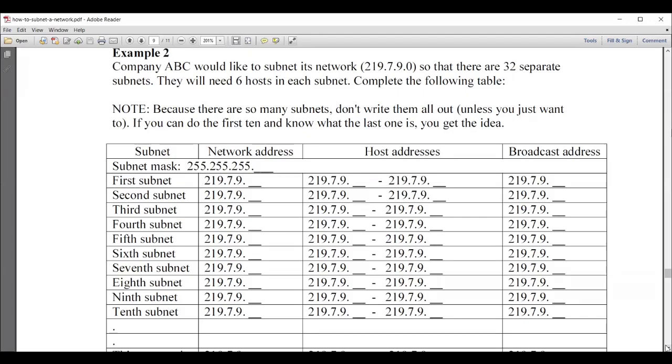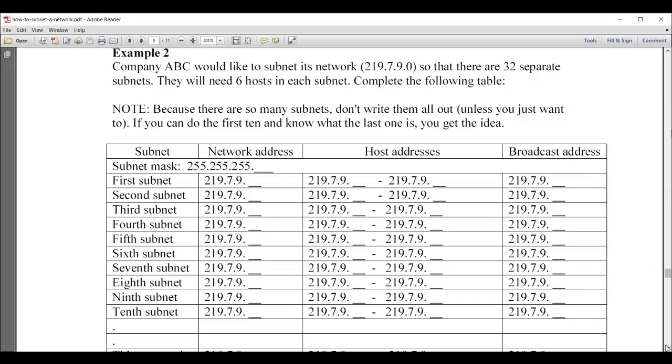So it's a company ABC that would like to subnet its network. The IP has been given, so that there are 32 separate subnets. They will need 6 hosts in each subnet, and complete the following table. Because there are so many subnets, don't write them all out, because you know that there are 32. So you can't write all 32.